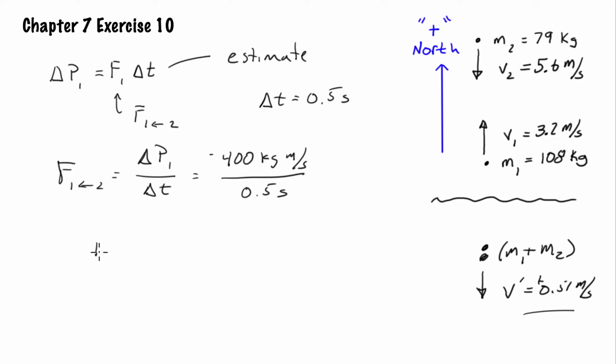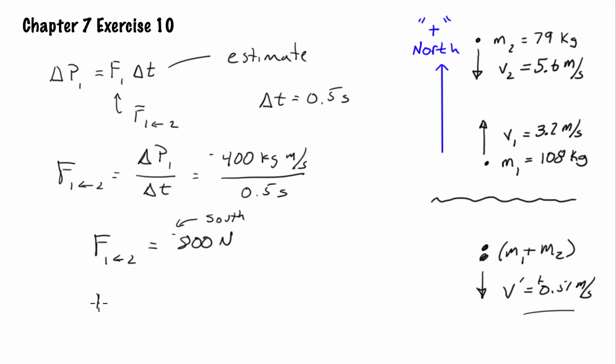In any case, when you do this, you find that the force that is exerted on player 1 by player 2 is around minus 800 newtons. And what's the point of this minus sign? Same as ever, means to the south. So when these two players collided, player 2 exerted a force on player 1 that was directed to the south. And it's equal to 800 newtons.